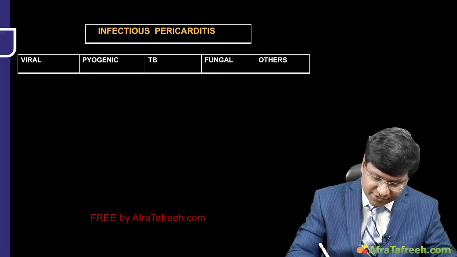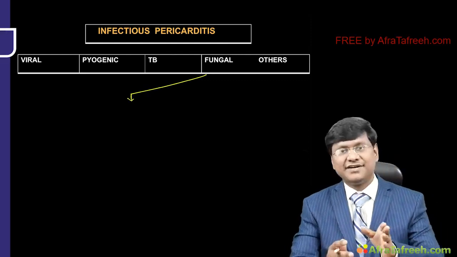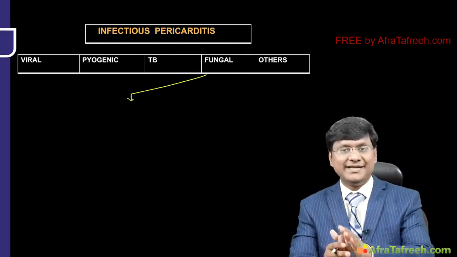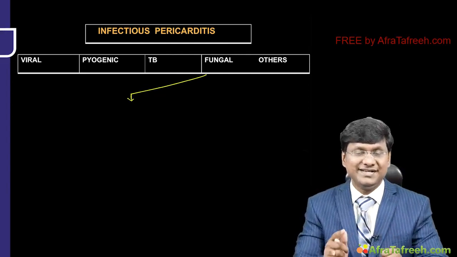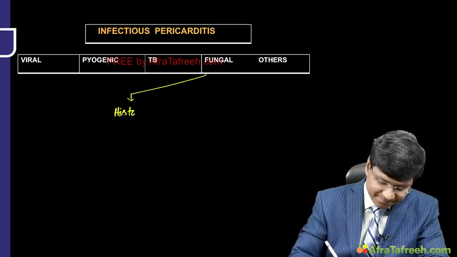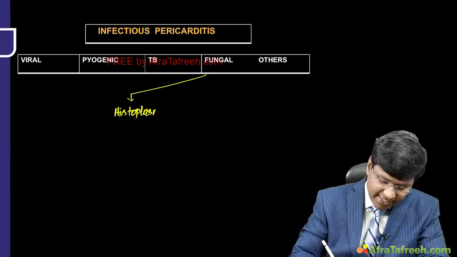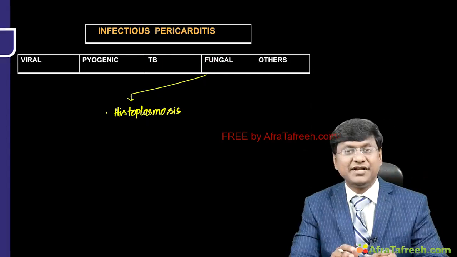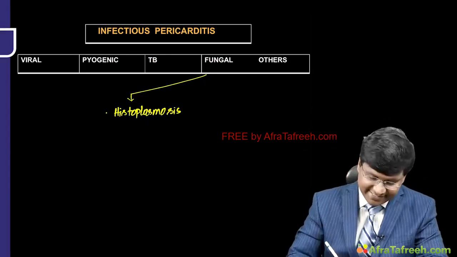And these fungal infections include the fungal infection which will also cause Addison's or adrenocortical insufficiency. And what is that fungal infection? That is histoplasmosis. And apart from this, we have the fungal infection which is very common in diabetic patients, that is candida.